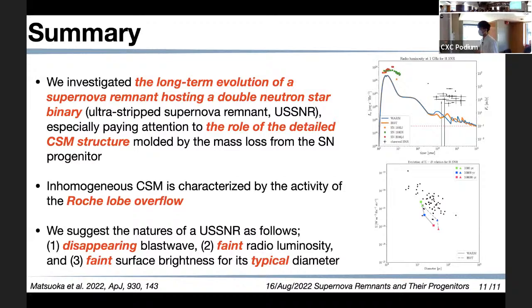So it is actually severe to detect such an object, but if we can increase the number of detected SNRs, probably one of them may be a USSNR.